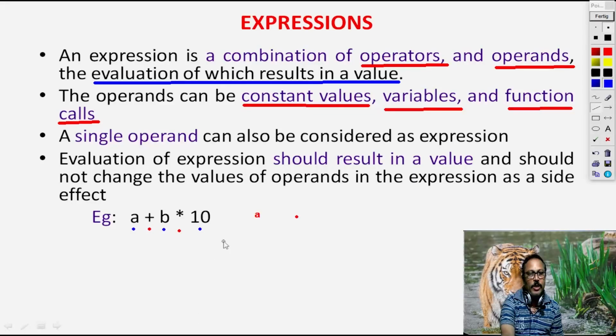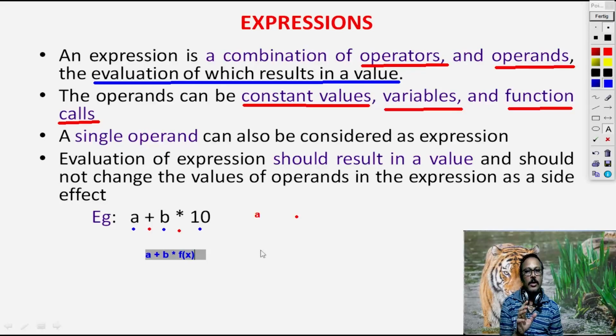The other possibility is we can write like this. We have not discussed functions, but you can write, say, f of x. Here A is an operand, a variable, B is also a variable, but the other operand is a function call.